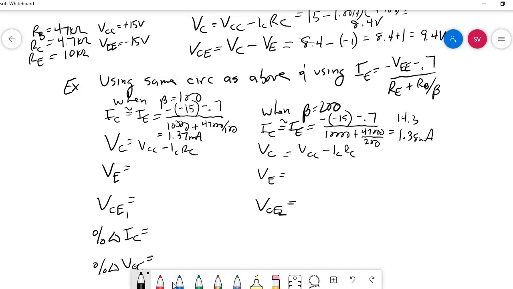So our VCC is 15 volts. Our collector current is the 1.37 milliamps, or 0.00137 amps, which are the same thing, times our 4,700 ohms. And our VC value should be 8.56 volts.